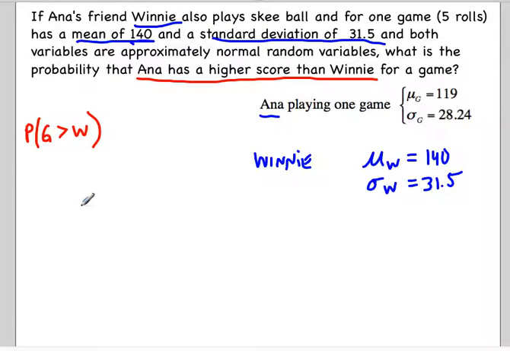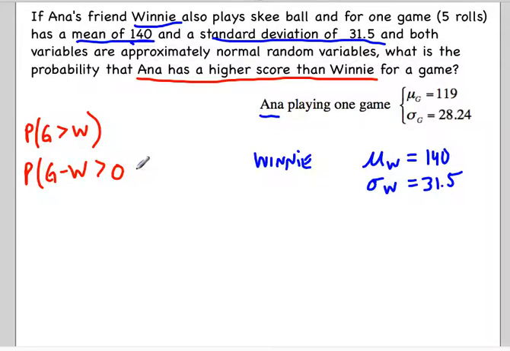Okay, now as far as random variable stuff goes, we talked about adding and subtracting and multiplying and that sort of stuff. So we need to kind of rewrite this so that it fits our formulas and our rules. So to be clever, I'm going to subtract W over to the left side.